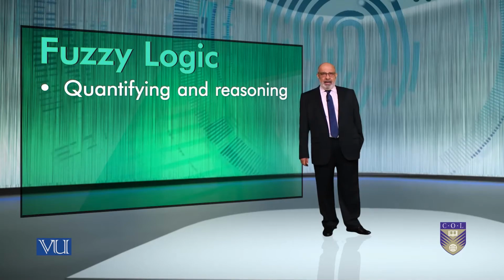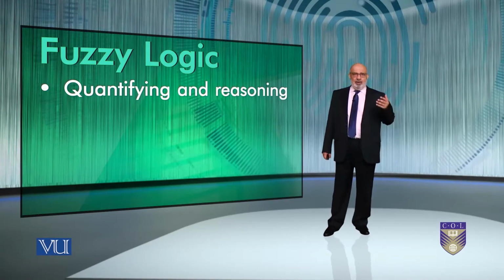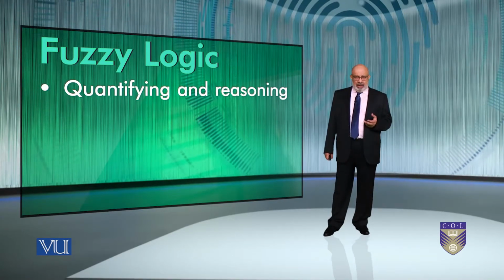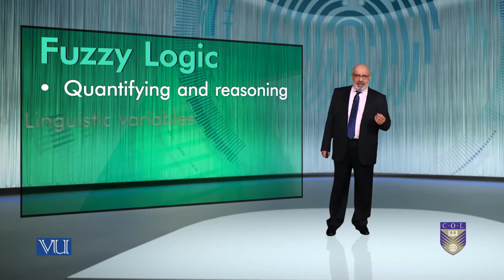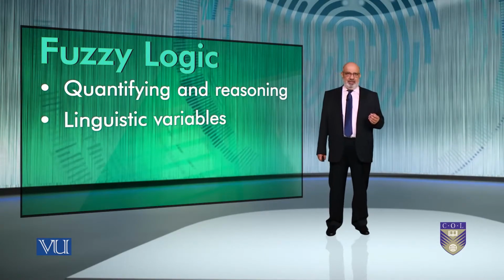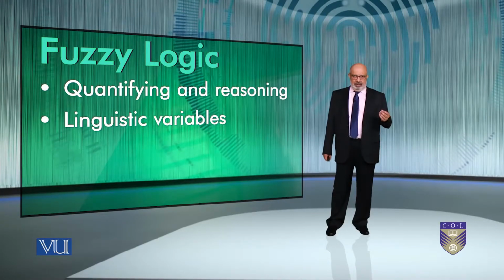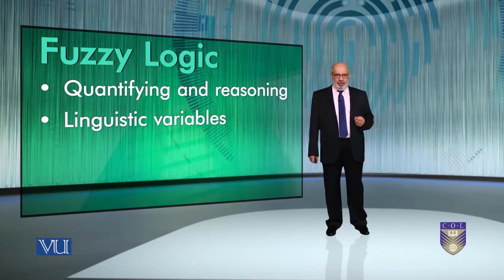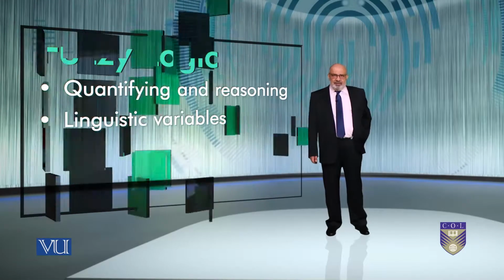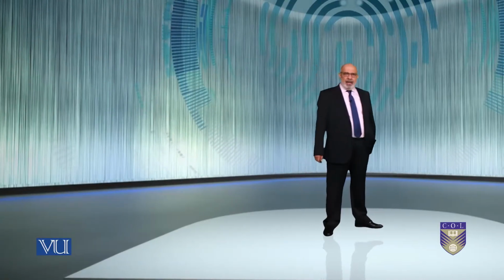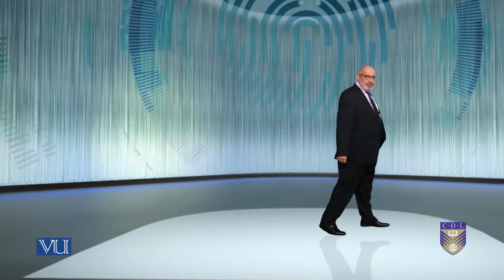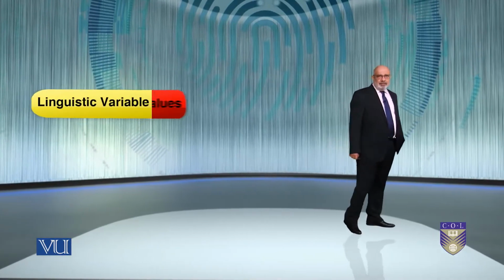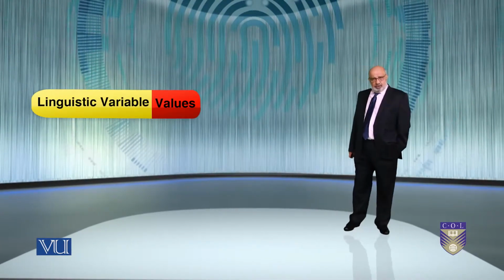Okay. Now, in fuzzy logic, these fuzzy terms are typically called linguistic variables. Linguistic relates to language, and they are also called fuzzy variables. So, what are typical linguistic variables that we come across?